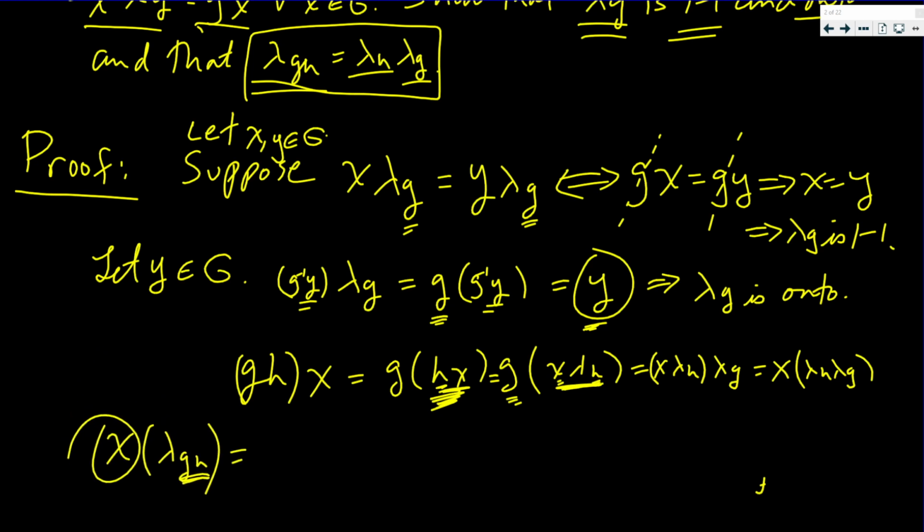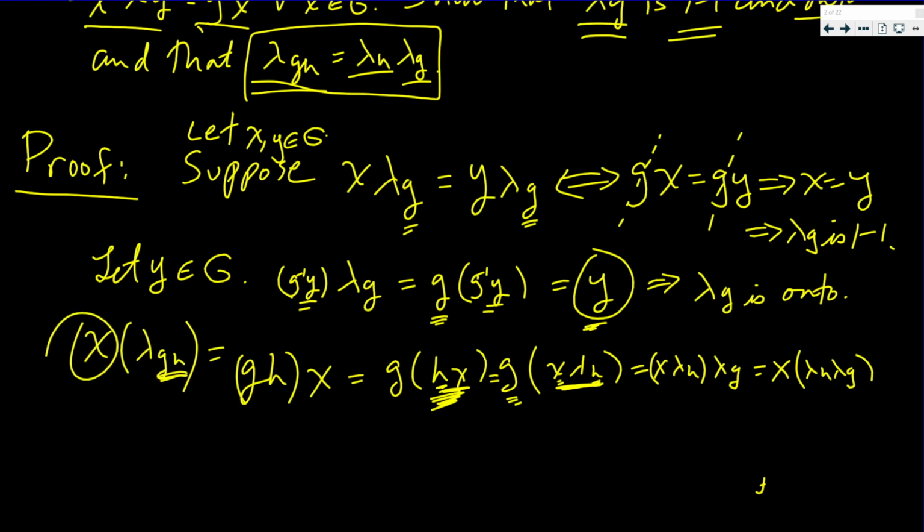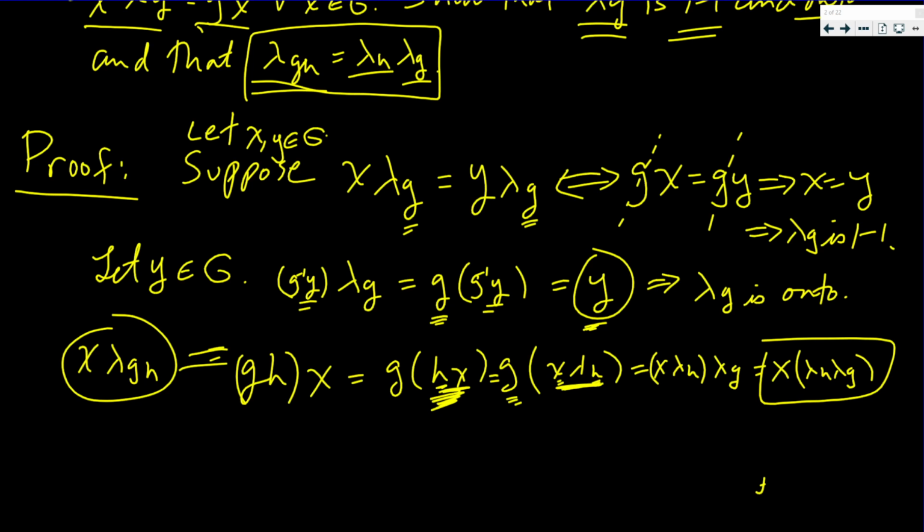So let's see what we have. This is x lambda gh. So we have this equaling this.